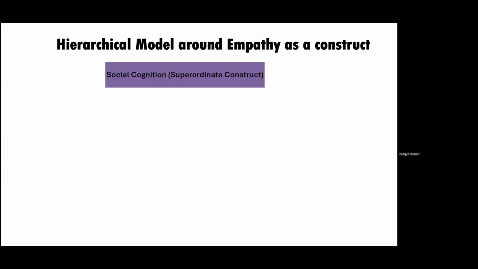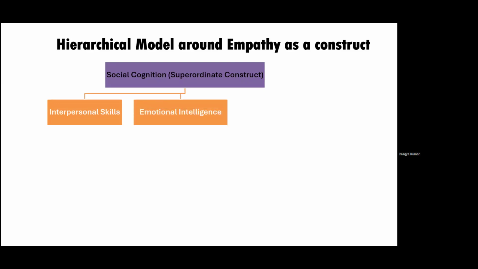So what is a hierarchical model? If you see this social cognition, the broad construct of empathy is social cognition. It is the superordinate construct. Superordinate construct means a very broad construct. Under this social cognition, we have got several primary constructs. We call it a primary construct, or you can call it a first level construct.